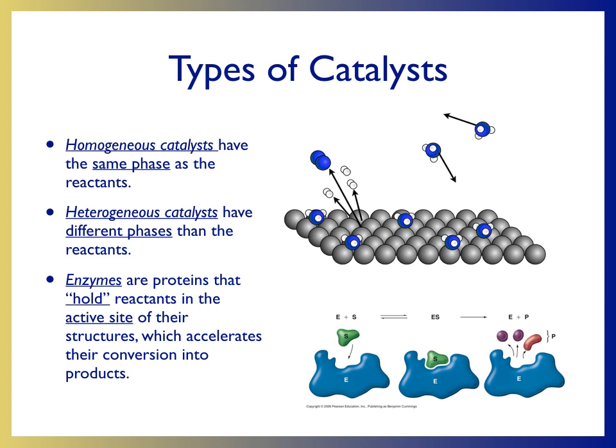The enzyme, which is the blue blob on the screen, has an active site where the substrate or reactants can connect. Once the enzyme binds to the substrate, it holds the substrate there so that the reaction can take place and then expels the products. This is very similar to the heterogeneous catalysis.